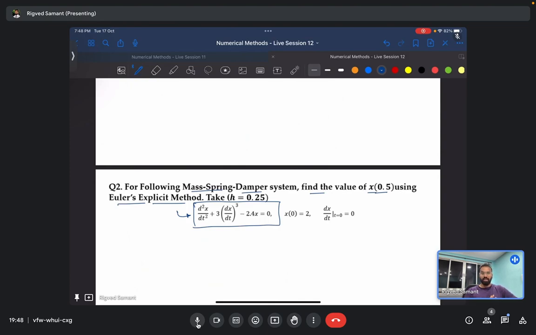Can you tell me, is this a boundary value problem or not? Boundary values only. Why? Because initial condition, final condition is the same. Where is the final condition?